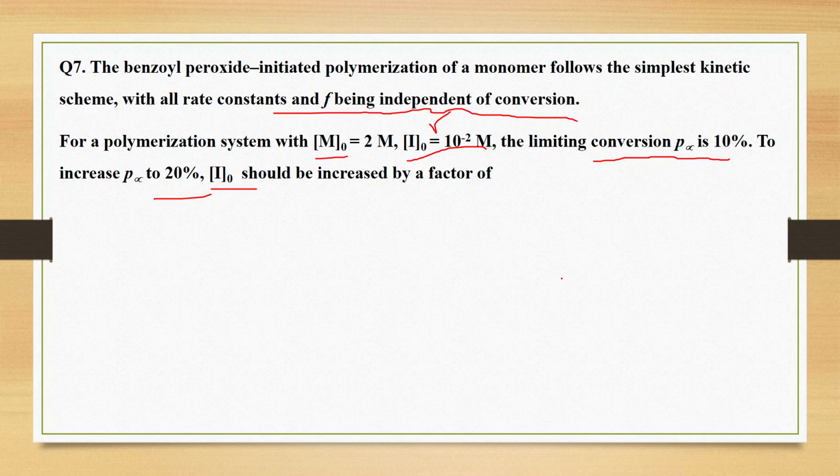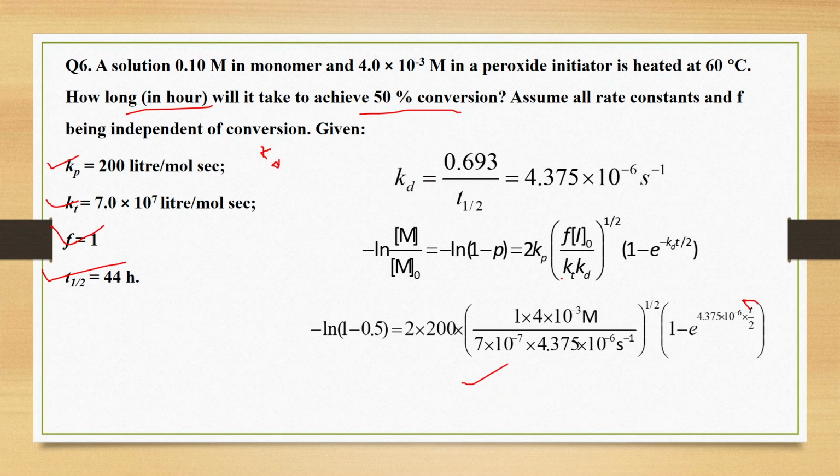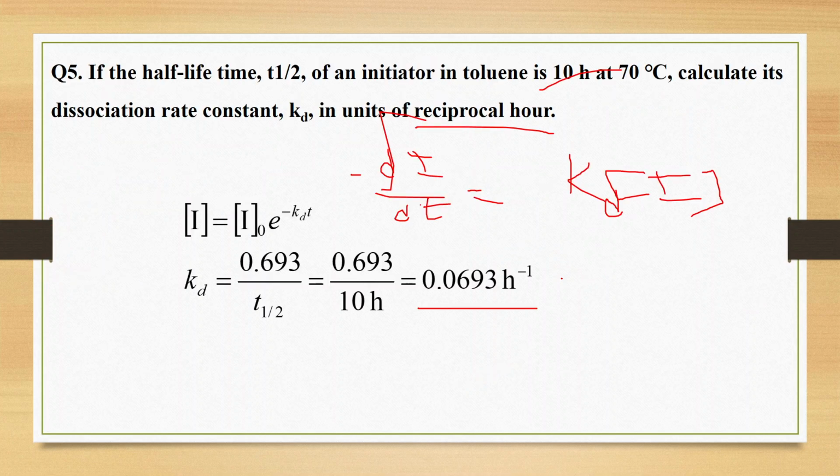So one question is, how did you get kd in the previous equation? Okay, so let me explain it now as well. You are using the same formula for kd here. It is a first order rate equation, right? Minus dI/dt is proportional to kd times I. Once you solve this, you get I equals I0 e to the power minus kd t. So at t half, when t will be t half, the I will be I0 by 2.